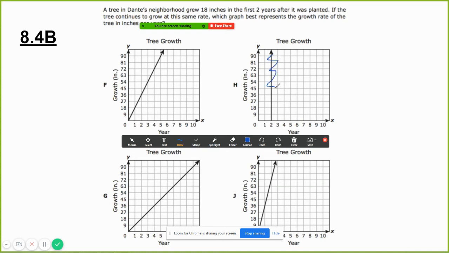So I'm going to take this one off for sure. It's not going to be that. And we know that it is 18 inches. So our years are on the X, our inches are on the Y. So we know 18 inches in the first 2 years. So that's what I need to look at.